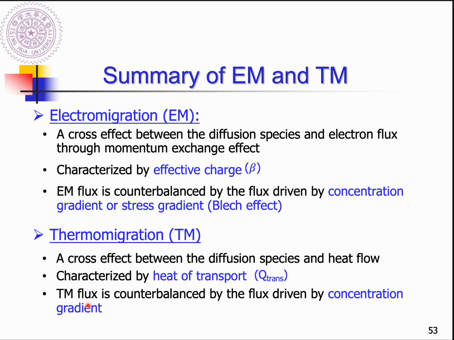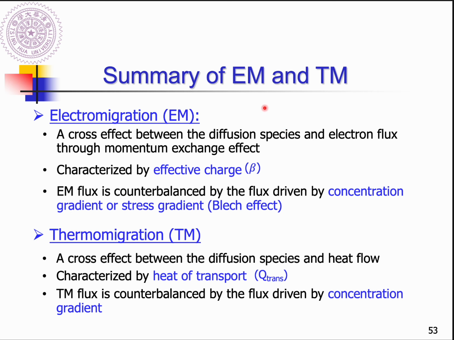If the atomic flux driven by the temperature gradient is too high, the concentration gradient doesn't have a chance to counterbalance it, then you can also observe void formation and composition change in your materials that you don't want to see, right?